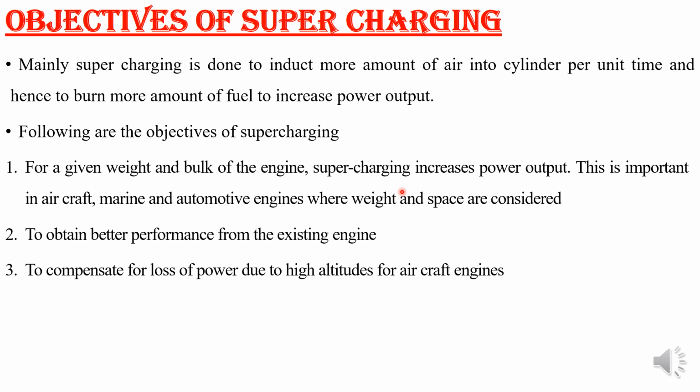As the altitude becomes higher and higher, the percentage of loss becomes more and more, so that loss has to be compensated by the supercharging method. This is also relevant in other engines used at high altitude, so supercharging can compensate that power loss.